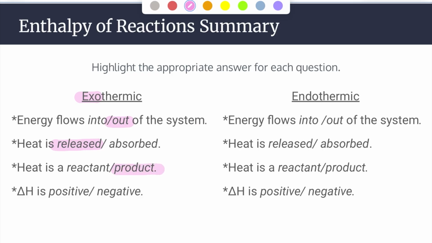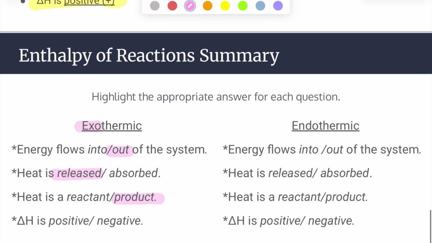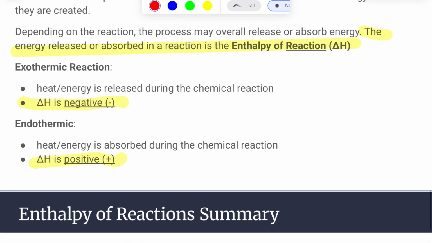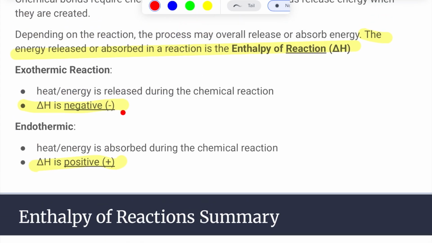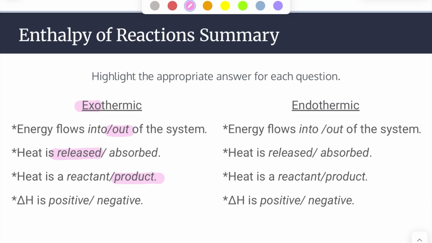And then what does that mean about our delta H? We have that exothermic delta H is negative. That release means that our final energy is going to be lower than our initial energy was. So exothermic and exit, energy is being released.